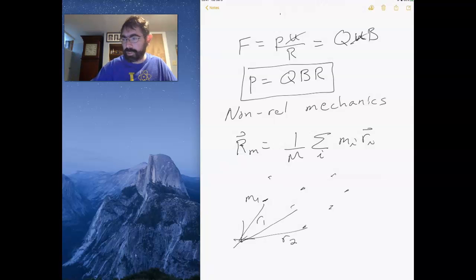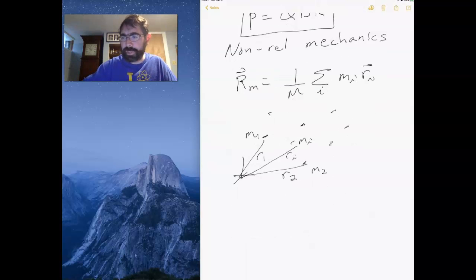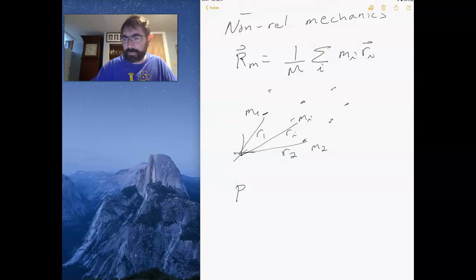So this is m1, m2, mi, and you just sum them up like that. And in that case, the momentum of the entire system is just the mass times the velocity of the center of mass.